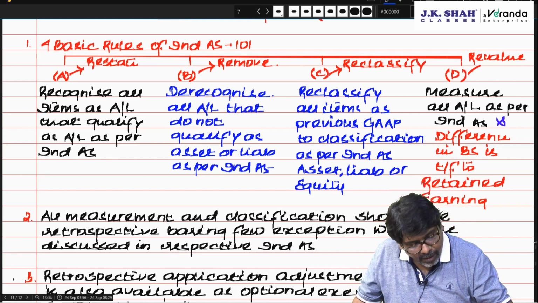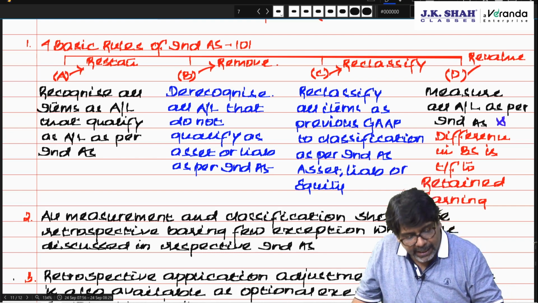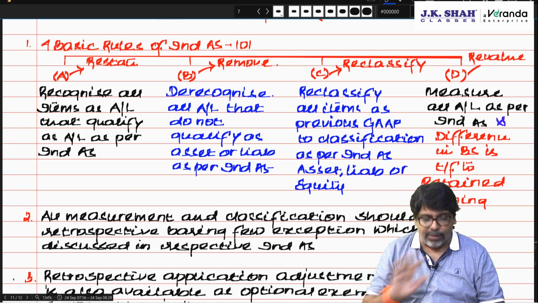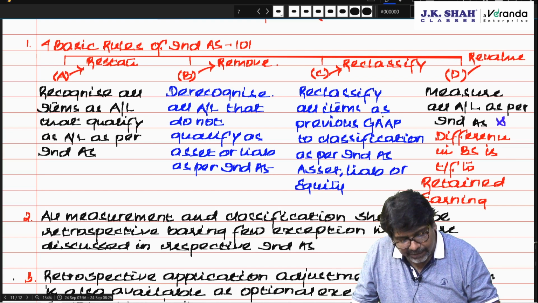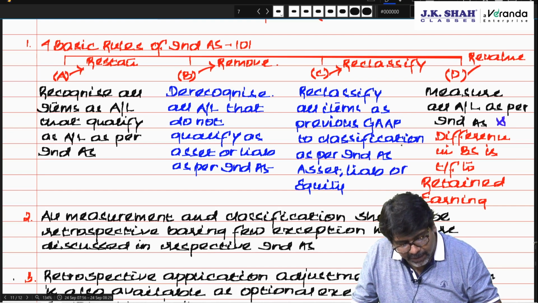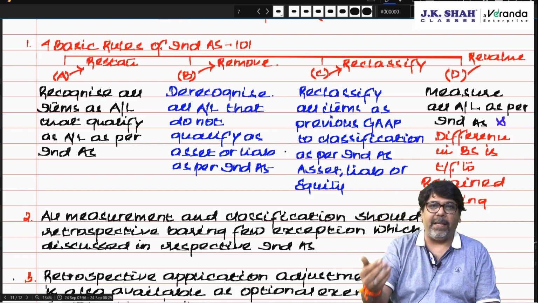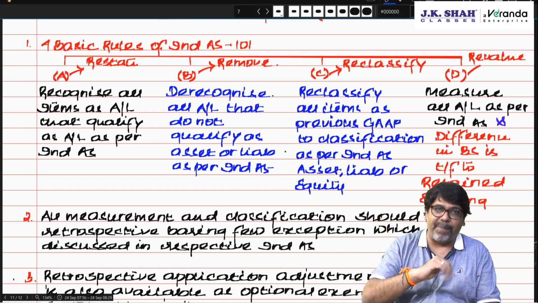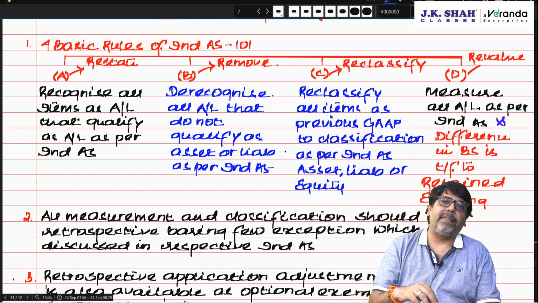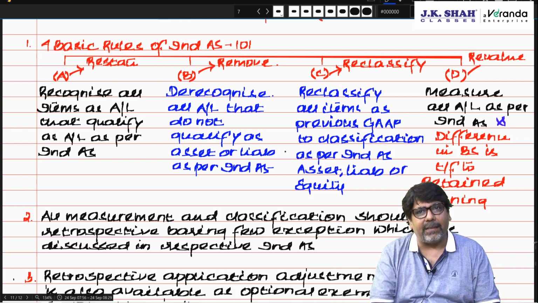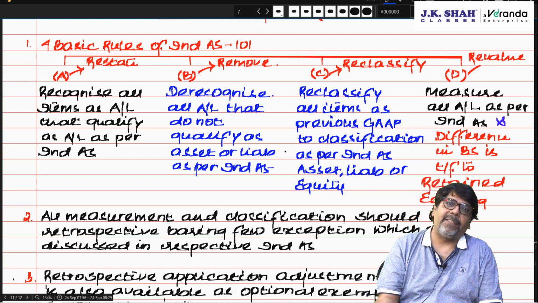So recognize all items as assets and liabilities that qualify. De-recognize all assets and liabilities that do not qualify. Reclassify all items of previous GAAP to classification as per Ind AS. Previous GAAP it would have been PP, in Ind AS it would become investment property. Previously it was some other asset, now it is some other asset.